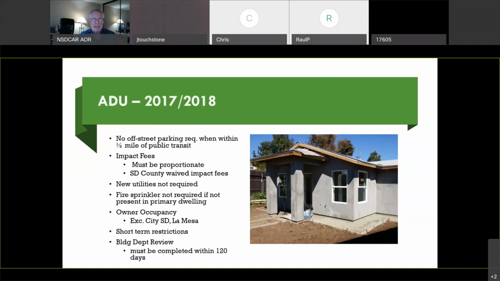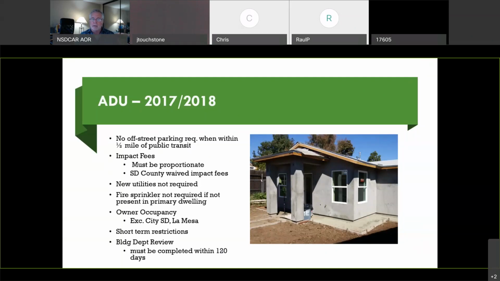So when 2018 came into play, one of the biggest changes is they removed the off-street parking requirement if it could be serviced by public transportation within a half a mile. So that was a big one. That opened up a lot of design opportunities that weren't previously available. Impact fees, again, had to be proportionate. We started to see County of San Diego and I think La Mesa start to remove impact fees.